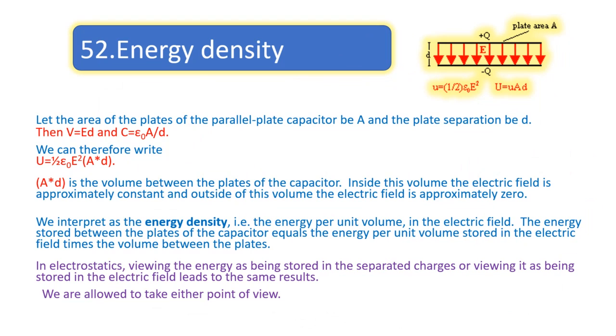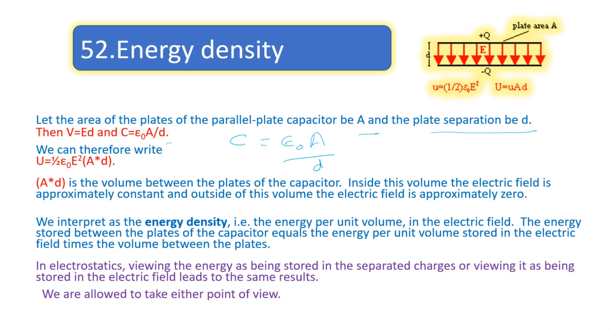Let the area of the plates of the parallel plate capacitor be A and plate separation be D. Then V = ED. Capacitance C is equal to epsilon naught into area divided by separation distance.